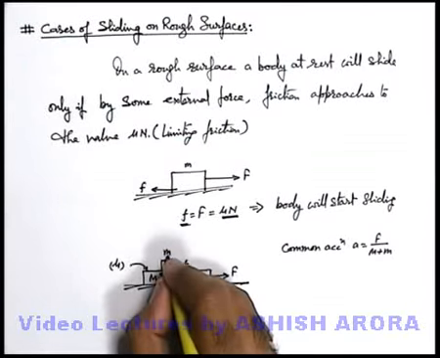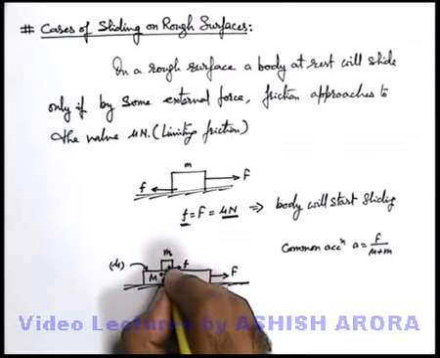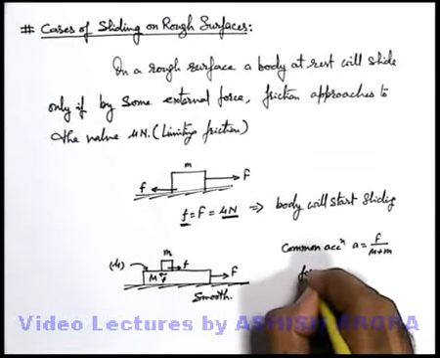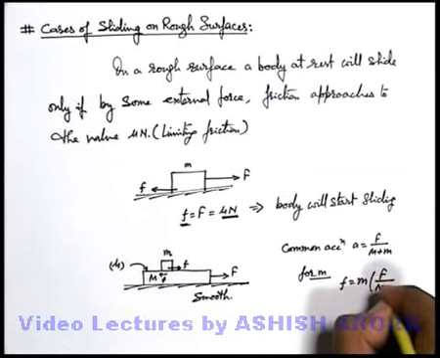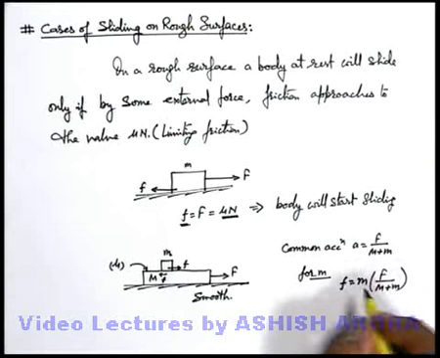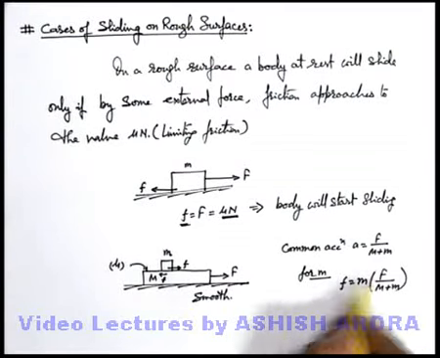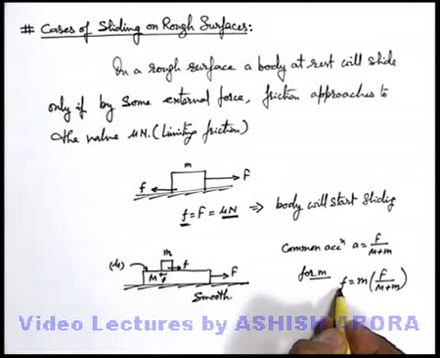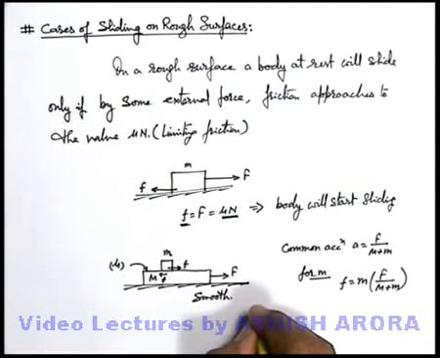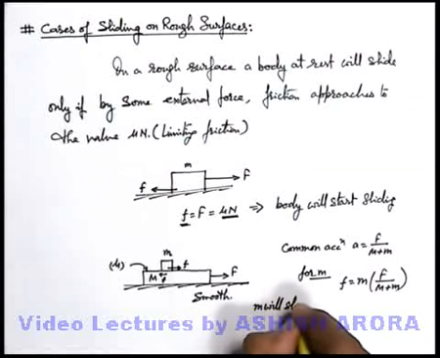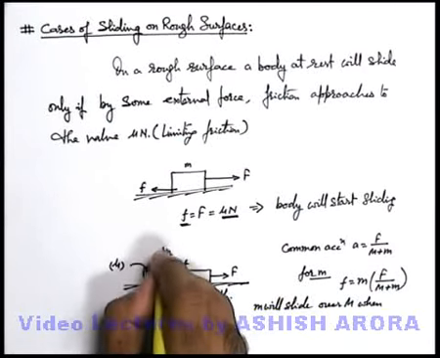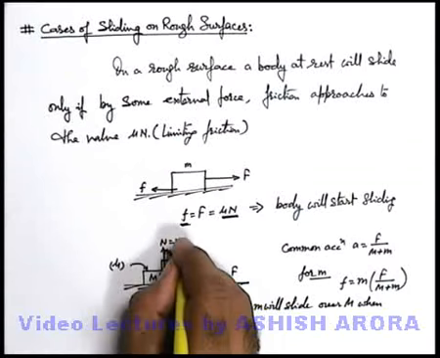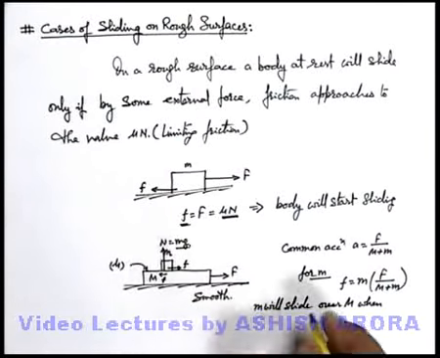If we write down the equation of motion for small m, only friction is acting on it, due to which it is moving forward. So for small m, friction is equal to small m into a, that is, m F by M plus small m. Here again, if we increase the value of capital F, acceleration increases and friction also increases. But small m will slide over capital M when this friction approaches the value of mu n, and in this situation the normal reaction acting on it must be equal to the weight of the block because no other vertical force is present.